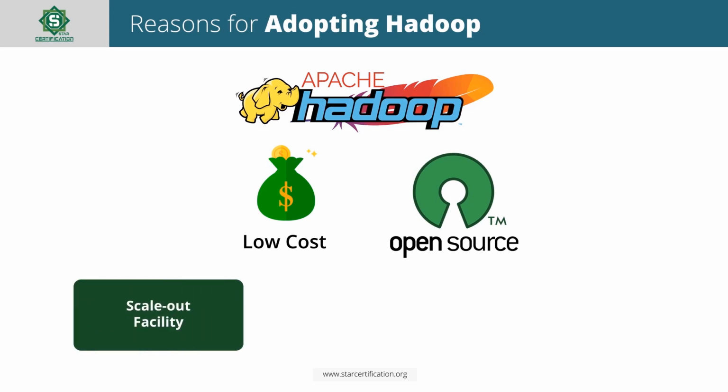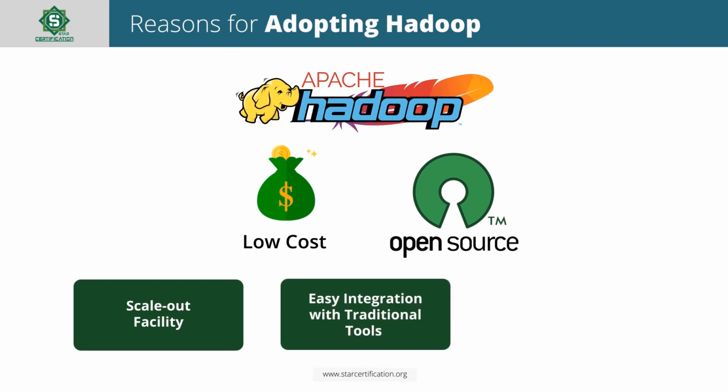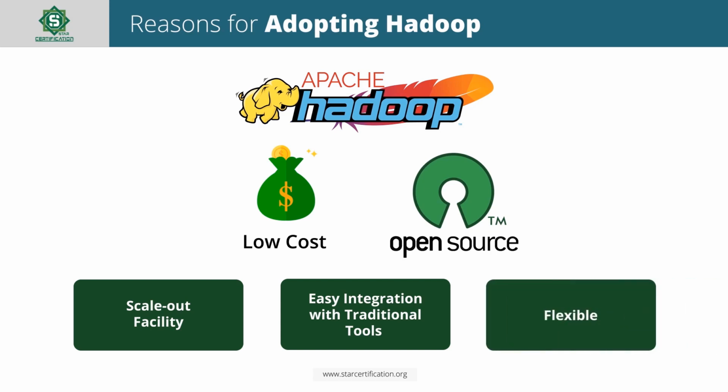Scale-out facility: new data nodes can be added to support data growth. Easy integration with traditional tools such as data integration tools, business analysis tools, and statistical analysis tools. Flexible: Hadoop provides the flexibility of storing data in any format and running any kind of algorithm over the stored data.